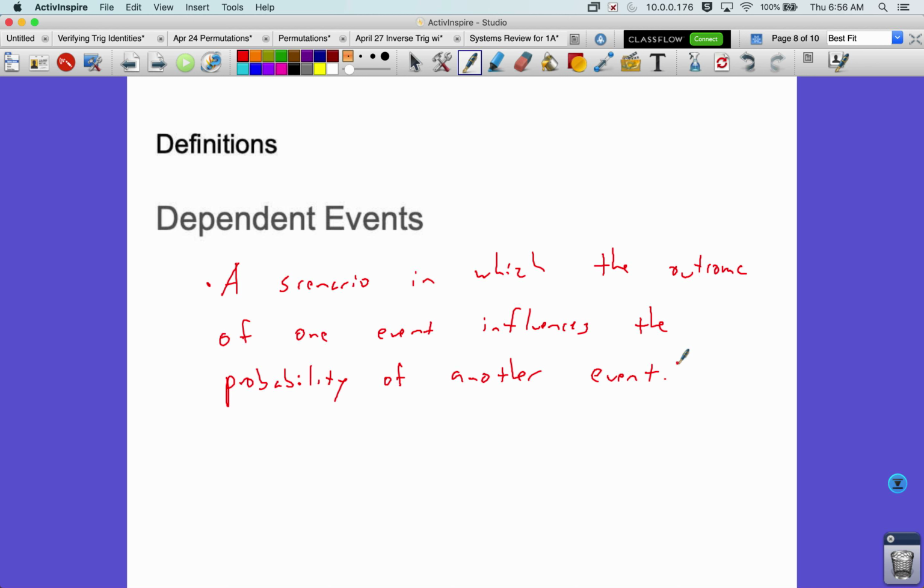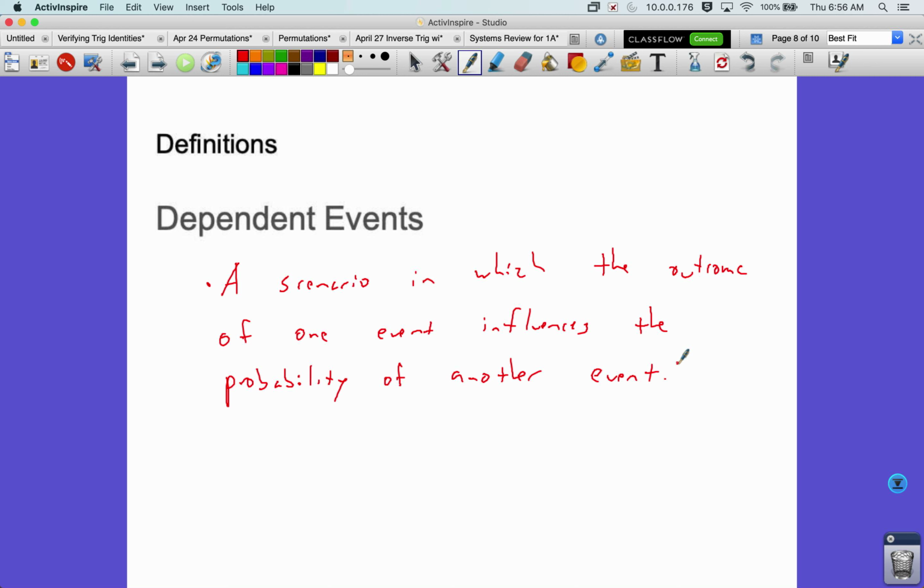A scenario in which the outcome of one event influences the probability of another event. Let's see what the book says on dependent events. Does it have a definition? No, I don't see a definition here.